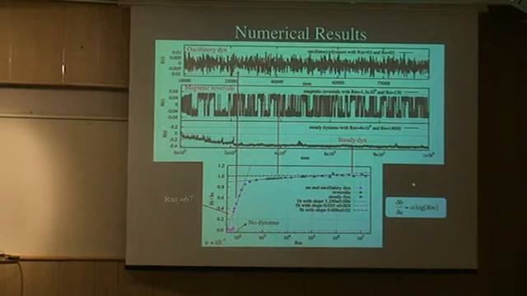Increasing the Reynolds number, we can see oscillatory dynamo states. Increasing it more, we can see magnetic reversals. And finally, for very large values of the Reynolds number, we can see steady dynamo states.